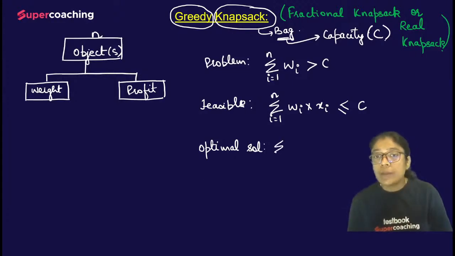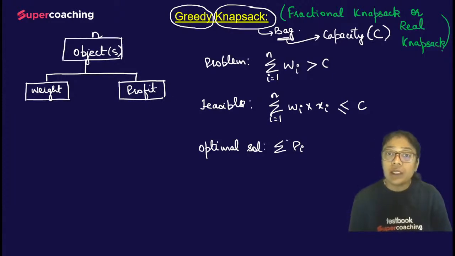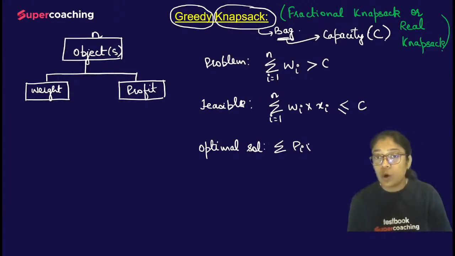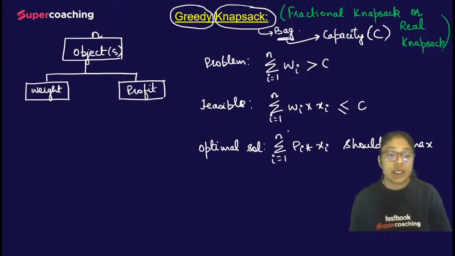Corresponding to each object you have taken, we look at the profit, which depends on the fraction in which you took the object, and this total profit should be maximum. So i equals 1 to n, for every object we check whether to take it or not. Is that clear?